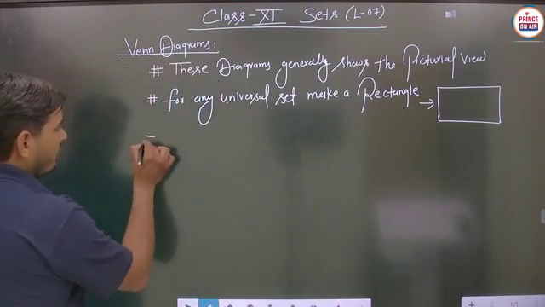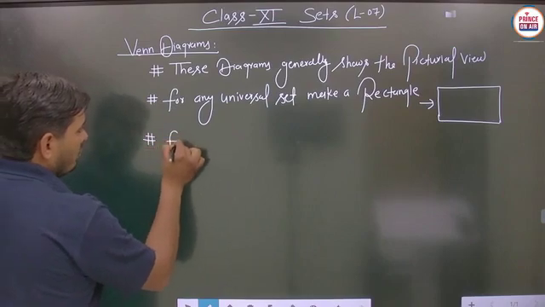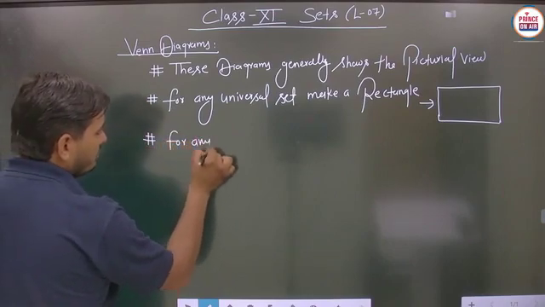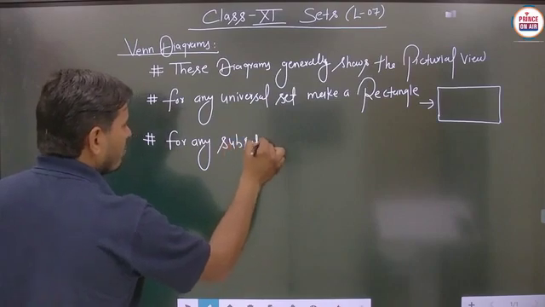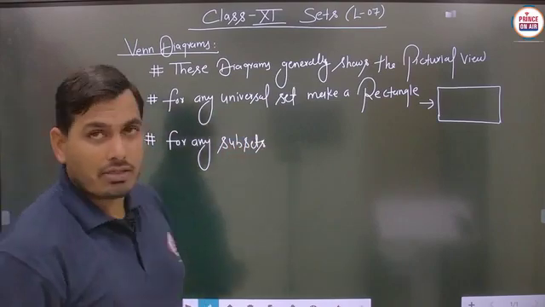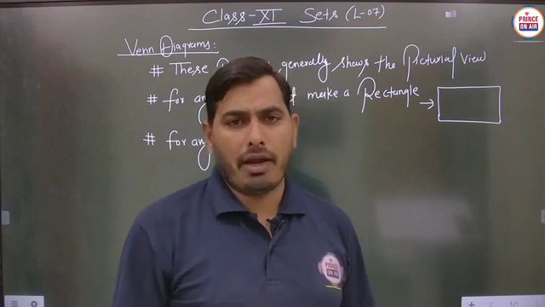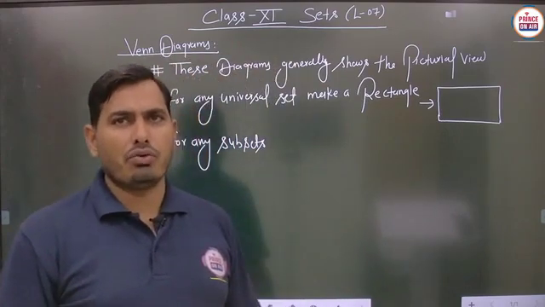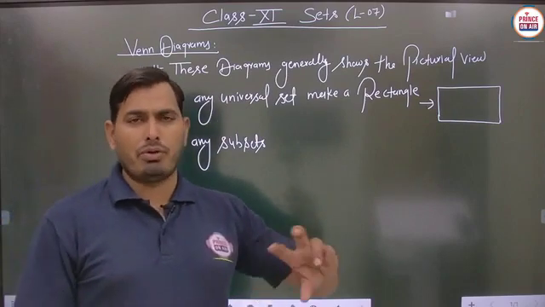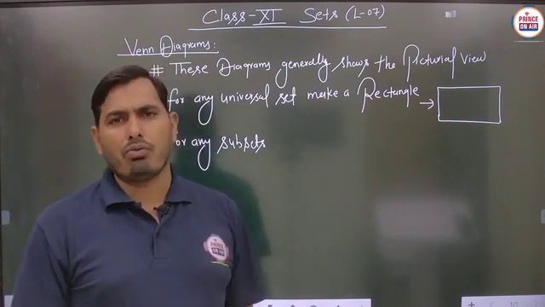Next, for any subset, make a closed curve. You can say that we have to make a closed curve, and usually that type of closed curve is known as the circle. Is it clear? Usually the closed curve is known as the circle, and we have to make the circles here.